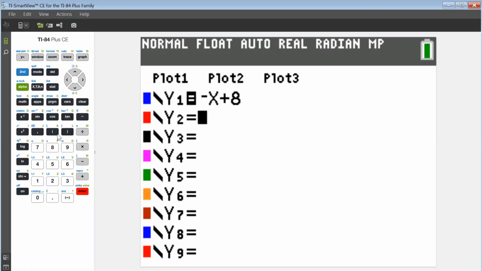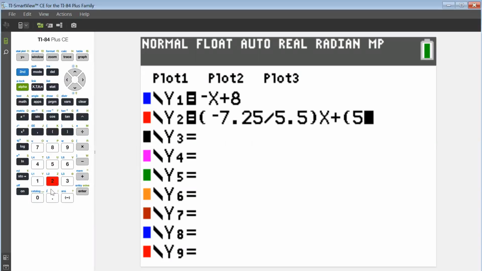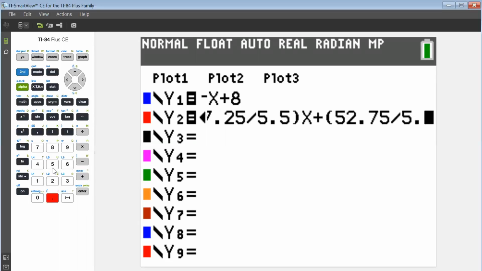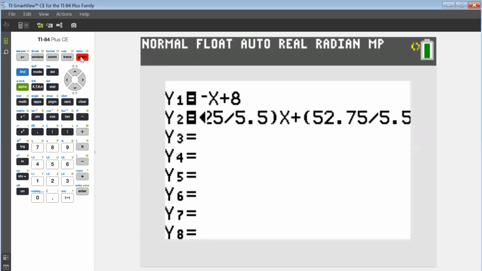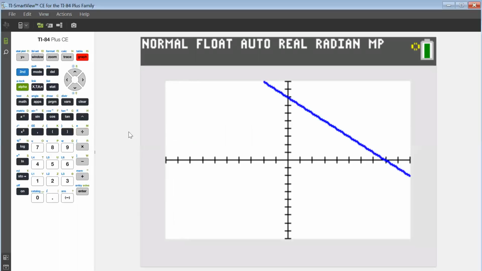And like I said, I'm going to type in parentheses the slope, negative 7.25 divided by 5.50. I'm going to close it. I'm going to use my x variable plus my intercept, which was 52.75 divided by 5.5, and close it. Then I want to go to graph, and see what that looks like.